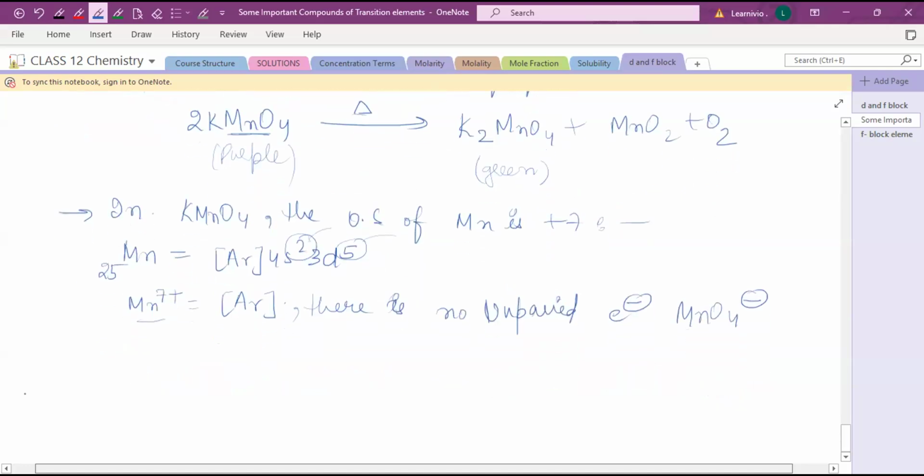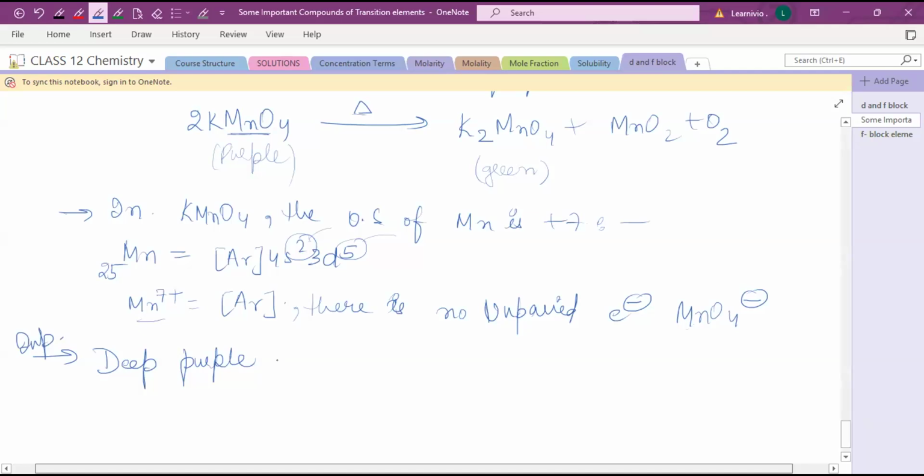So, deep purple color. You can write down: why the color of KMnO4, potassium permanganate, is dark purple. This point is important. A question can come directly: why does potassium permanganate KMnO4 have an intense deep color?